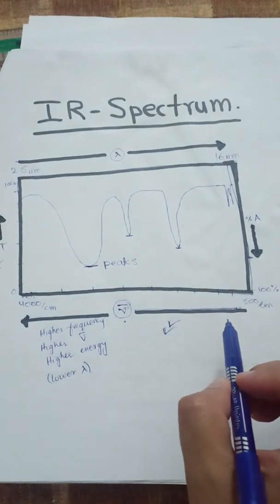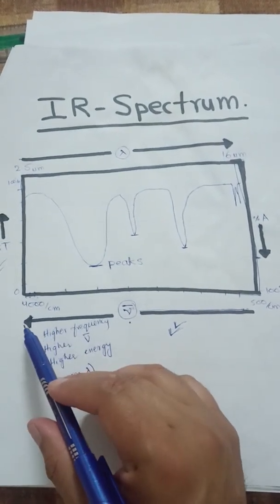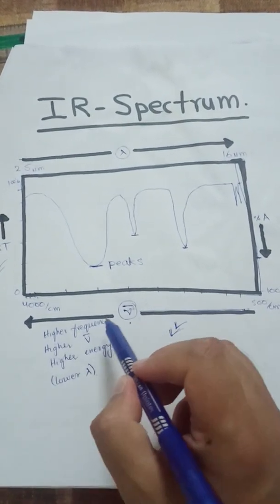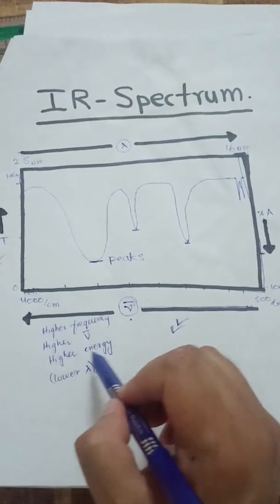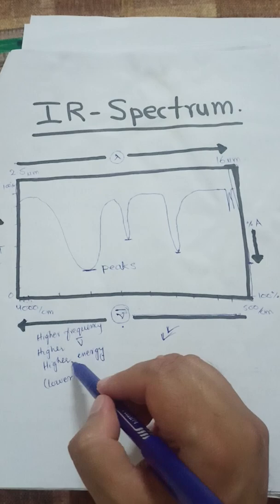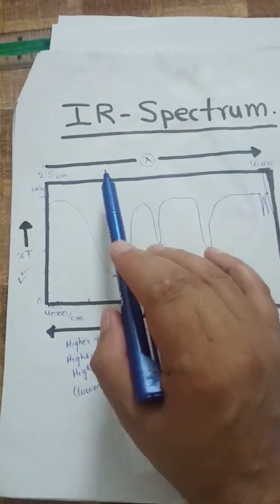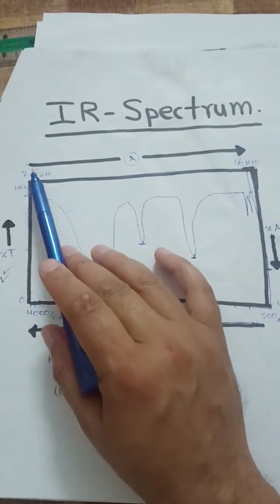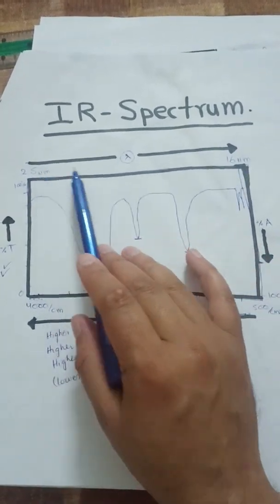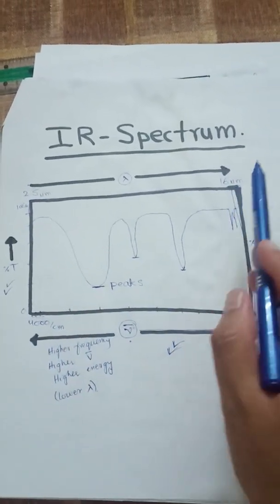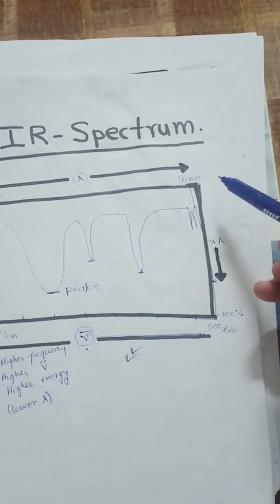This wave number increases in this direction, so frequency also increases in this direction. So higher frequency, higher wave number and higher energy, but the wavelength is in the opposite direction. I am going to show here that it is from 2.5 micrometer to 16 micrometer in this direction, which is the IR mid region.